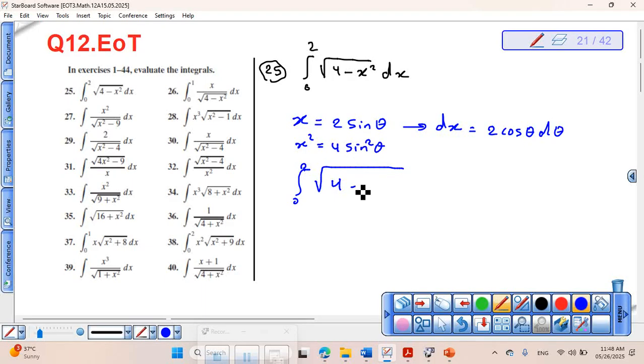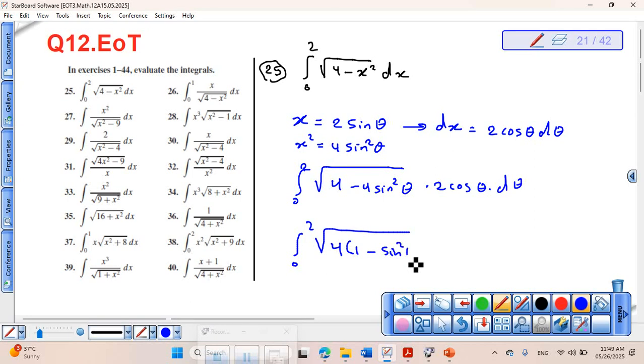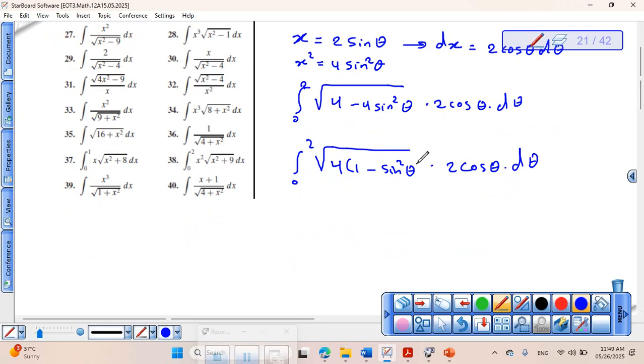So this is 4 minus 4 sine squared theta, times dx, which is 2 cosine theta d theta. We can take 4 as a common factor: radical 4 times 1 minus sine squared theta, times 2 cosine theta d theta.